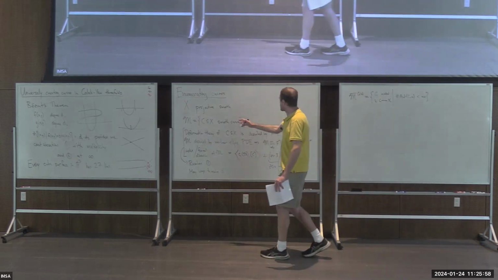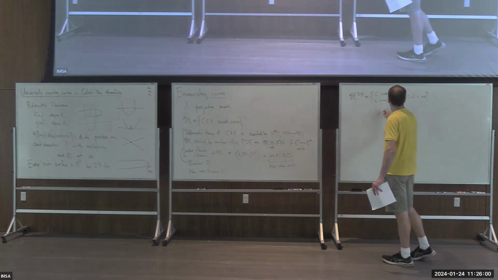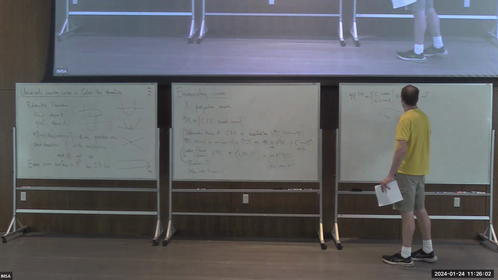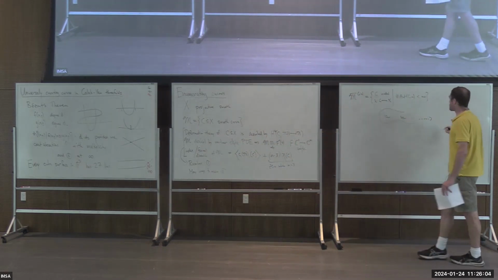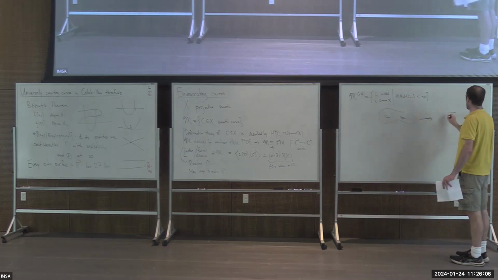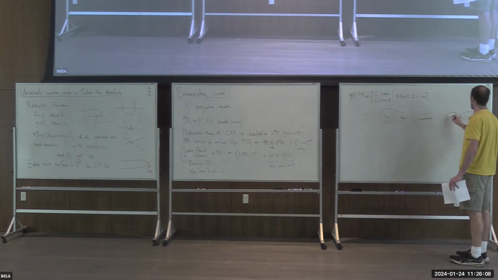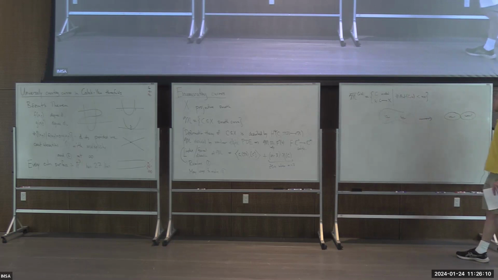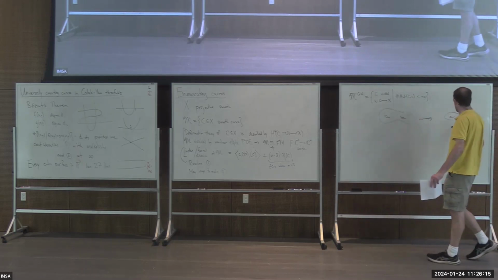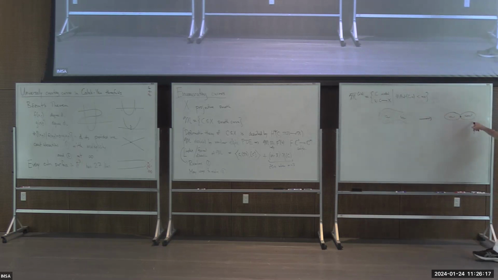Now, a smooth curve can degenerate. So in order to have a compact moduli space, we need to include nodal domains of some sort.